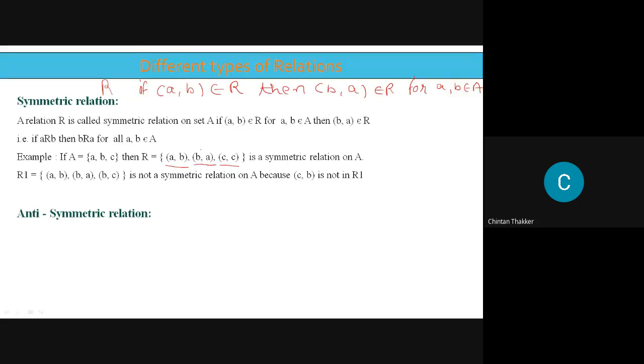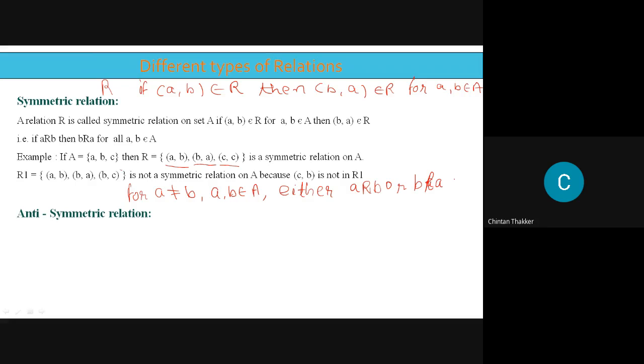It means if we have a relation R on set A, then for a not equal to b, with a, b belonging to A, either a is related to b, or b is related to a.